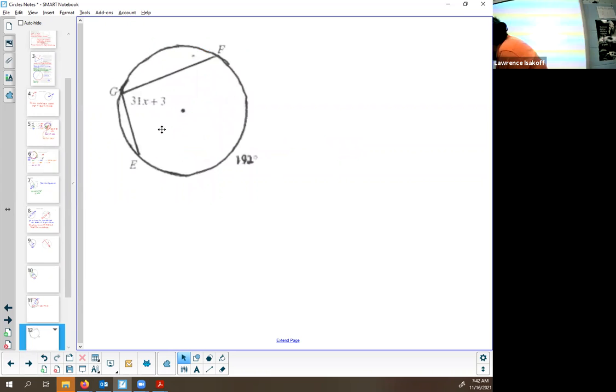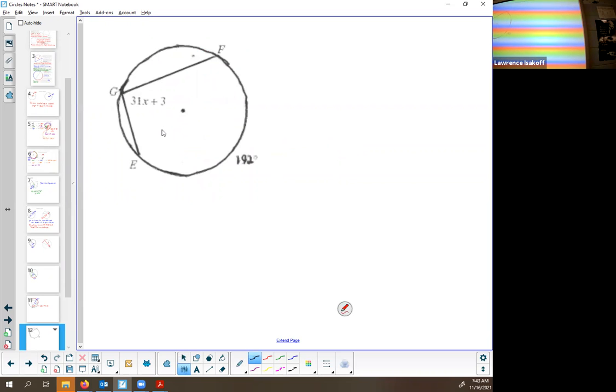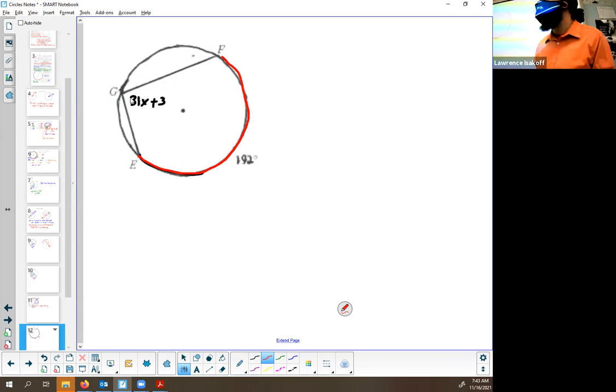Okay, this one got written a little ugly, but here with this it says 31x plus 3 is equal to 190, or sorry, the arc's 192. So this arc here is double this angle, right?